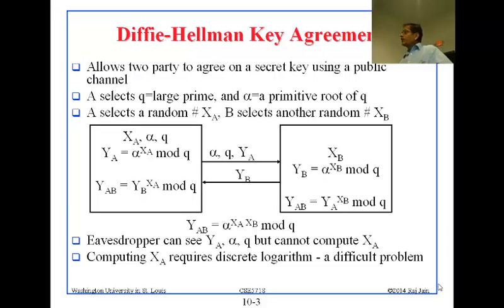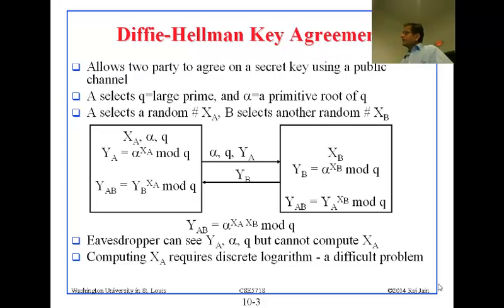B hears alpha, Q, and YA, then B selects another random number, XB, and then calculates YB, which is alpha raised to XB mod Q. Alpha is there, Q is there, and XB is selected. It sends YB to A. Now, when A gets YB, it raises it to the power XA because it knows XA.